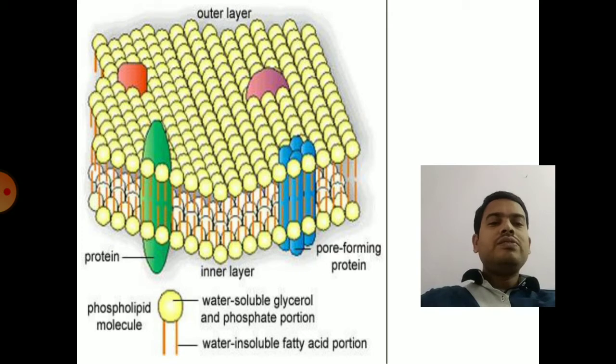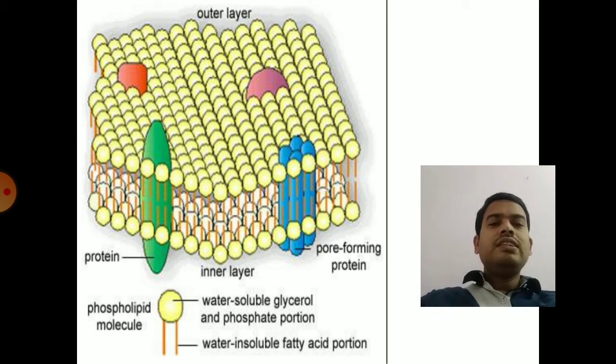These proteins, present on or embedded in the plasma membrane, play an important role in the transport of molecules across biological membranes. That is the major function. Apart from that, they are the sites for the attachment of carbohydrate moieties. Together with carbohydrate moieties, the proteins are called glycoproteins.